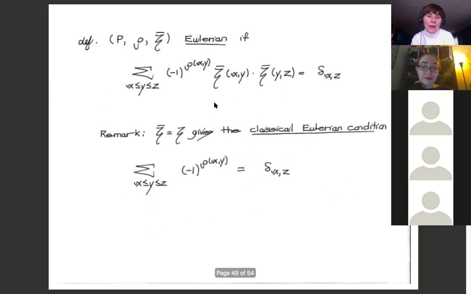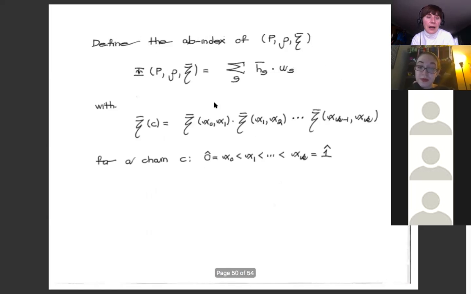So there is an Eulerian condition, a more general Eulerian condition. And when you study the incidence algebra, it turns out that this really is truly a generalization of the classical Eulerian condition.